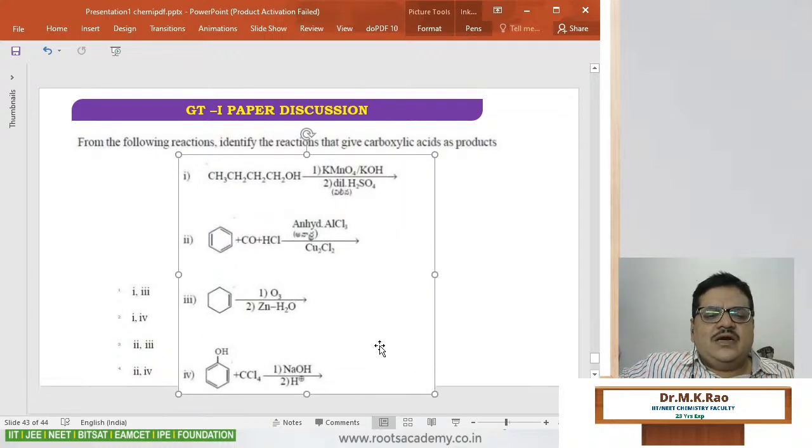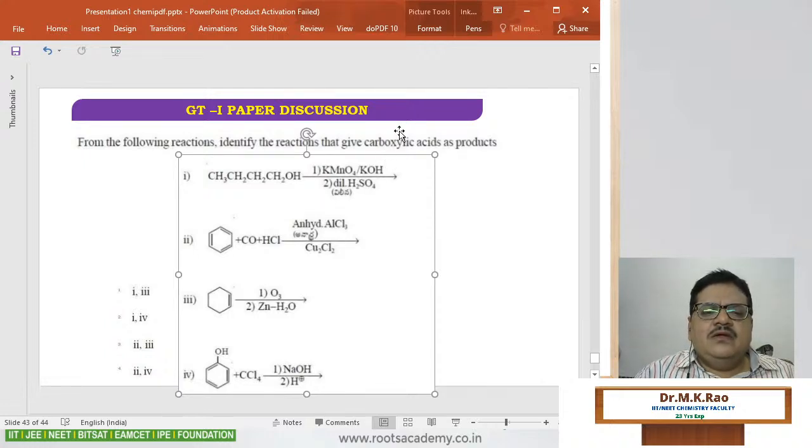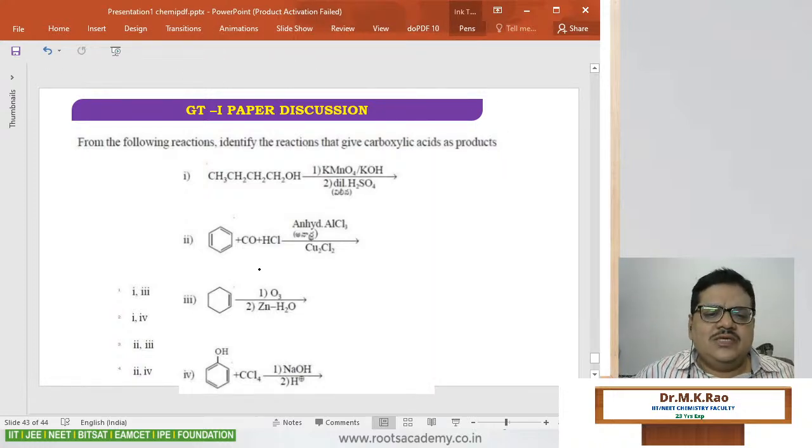What they're asking is: from the following reactions, identify the reaction that gives carboxylic acid as product. That is their question. See here, the action of carbon tetrachloride with phenol. It is a Reimer-Tiemann reaction.